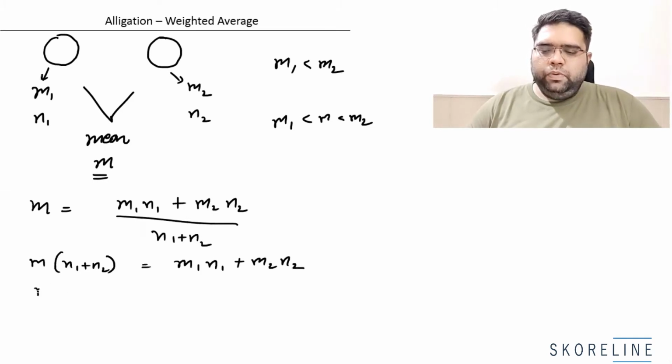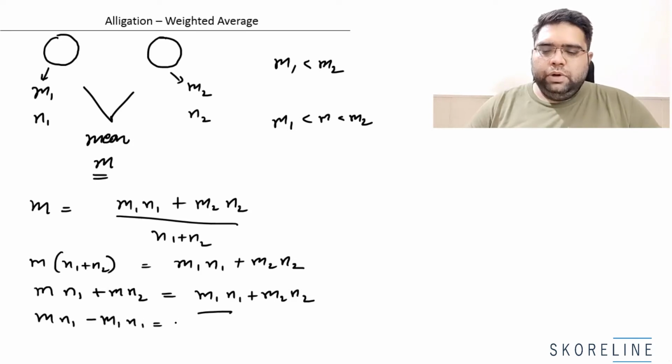Now this becomes M N1 plus M N2 is equal to M1 N1 plus M2 N2, right? So let's take M1 N1 to the left side and M N2 to the right side. M N1 minus M1 N1 is equal to M2 N2, sorry, M2 N2 minus M N2.